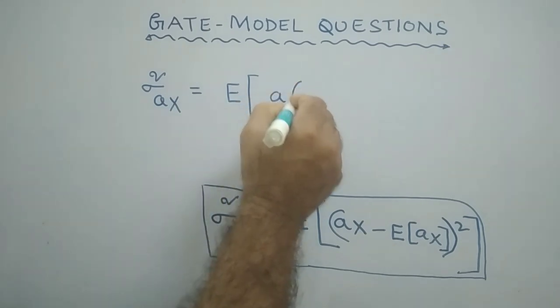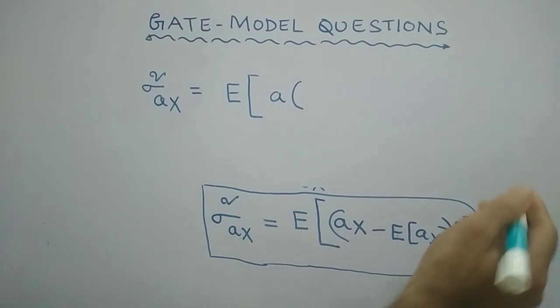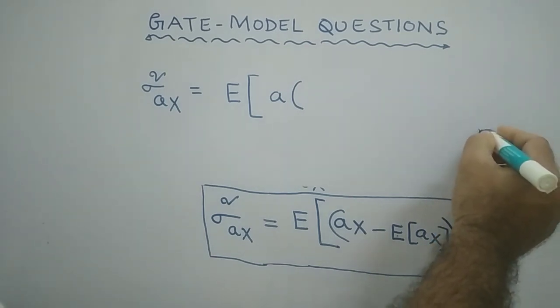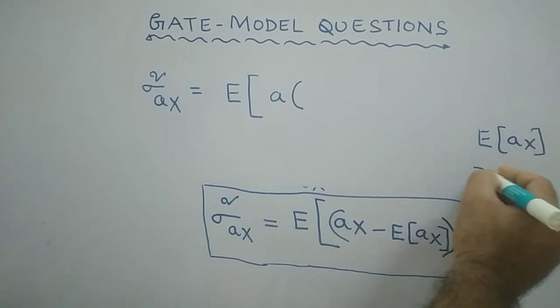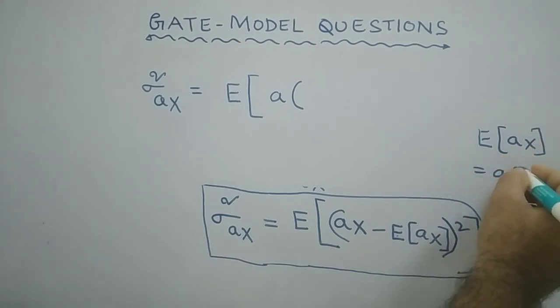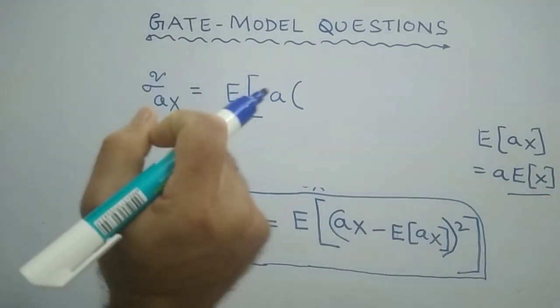Here also expected of ax. Remember that expected of a into x is equal to a into expected of x, since a is a constant and can be taken outside. This is one of the important properties of expectation.